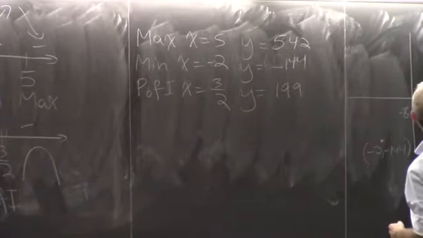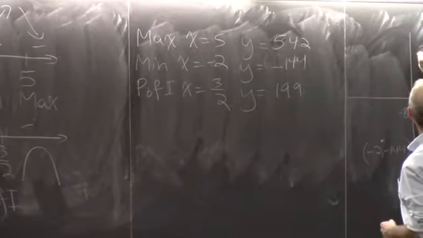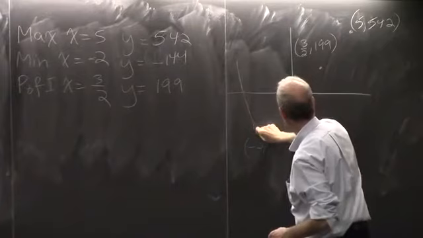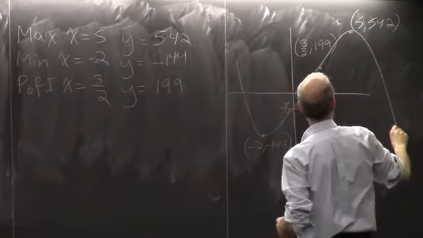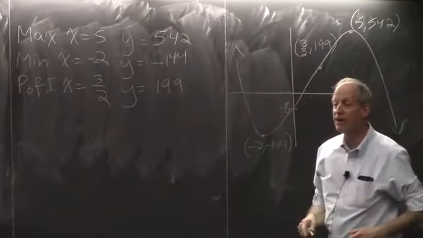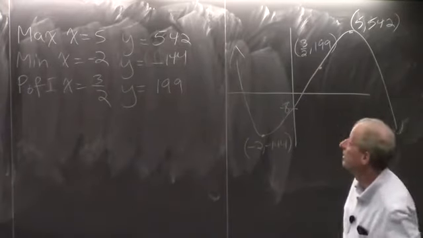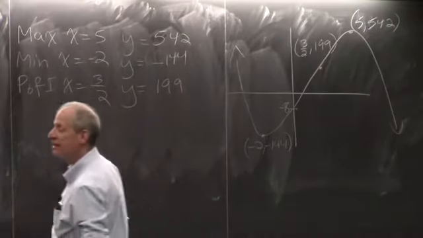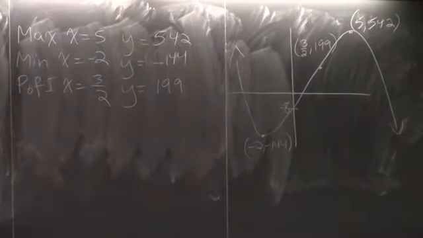And we have a point of inflection at 3/2, 199. And you get one of those. Okay? Should we do another one of these? All right, let's make you graph something more annoying.